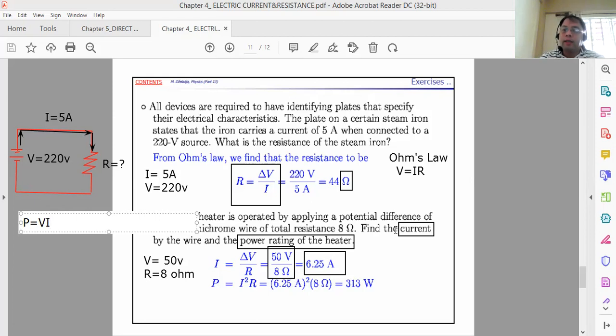Now, if you change watts to kilowatts and multiply by the number of hours of use, in 3 hours' time you will know how much kilowatt-hour is being used by your circuit. So your heater will need that much energy for every hour that you are using it. So we have here power and we have the current value.